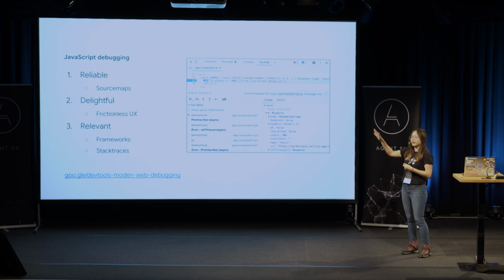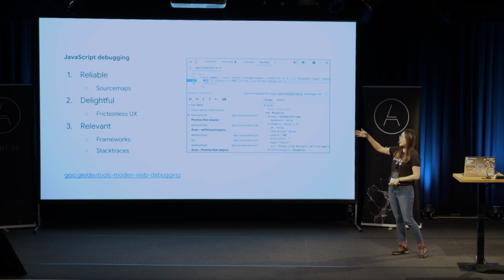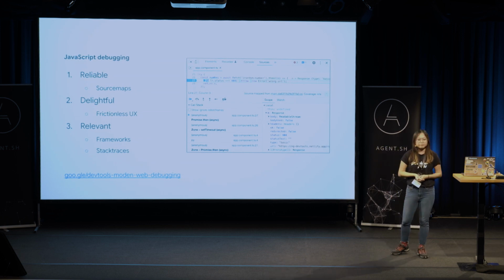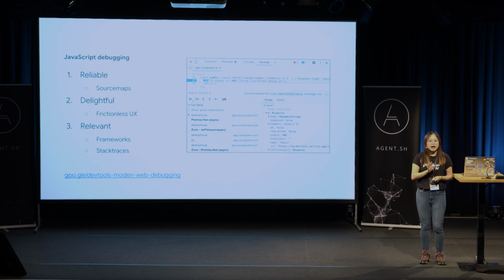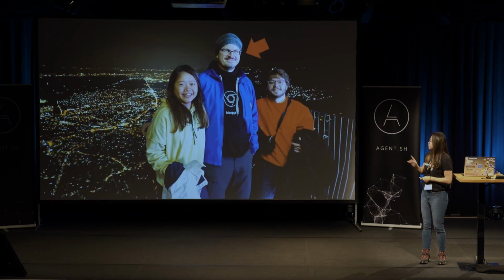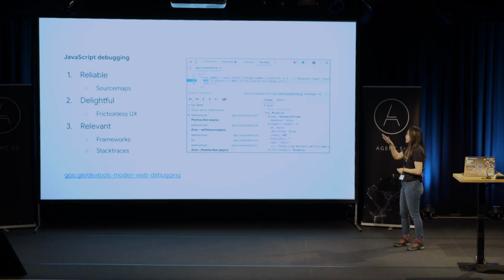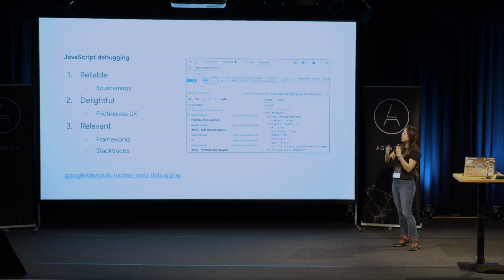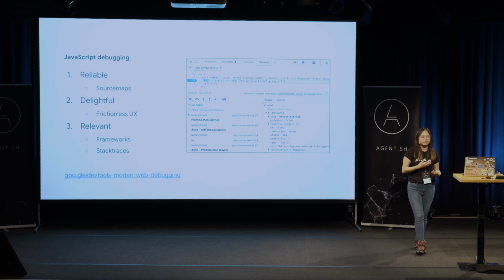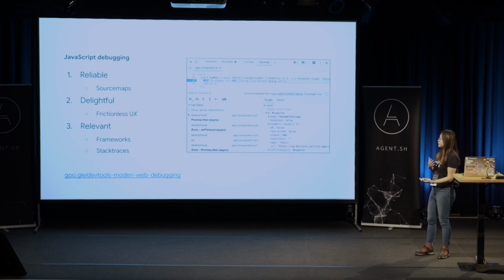So these are the few areas that the team focused on this year. The first one is to work to improve the reliability of source maps. And if you want to learn about how source maps work, Benedict has a talk later. So make sure that you join his talk later to learn more about source maps. Next, this year we also focus on a delightful JavaScript debugging experience.